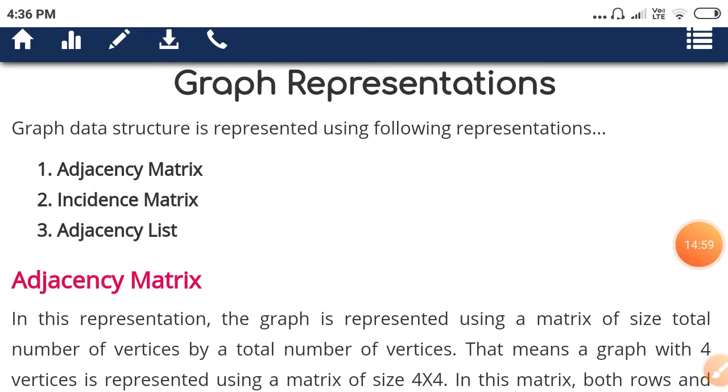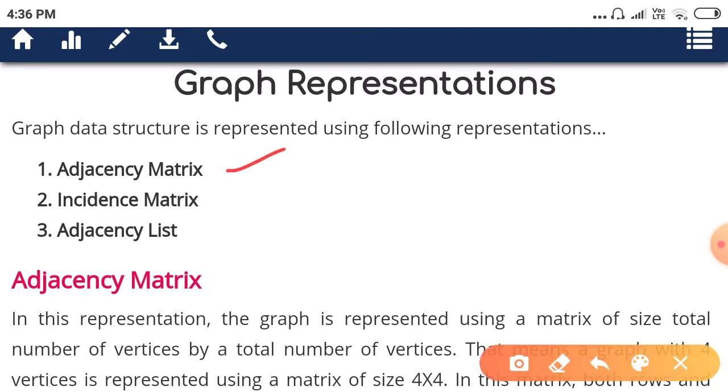Next, how to represent graphs. Graphs can be represented in many ways, and here we are going to discuss three: the incidence matrix, adjacency matrix and adjacency list. Adjacency matrix and adjacency list we have to concentrate on here.